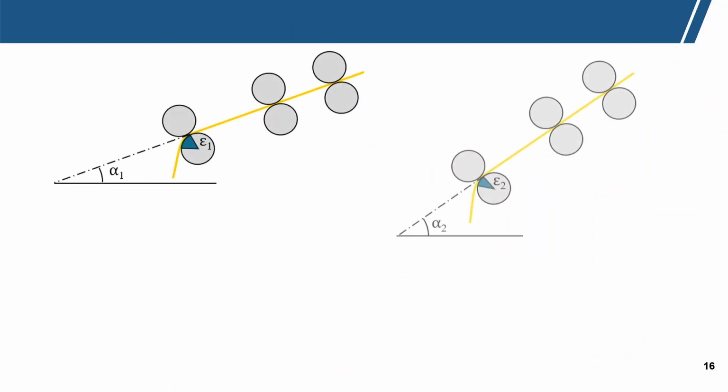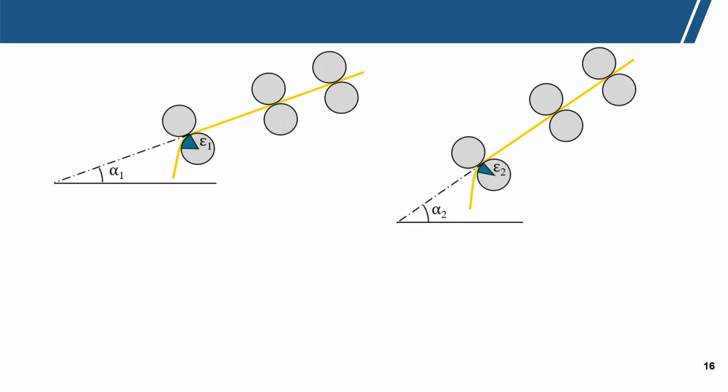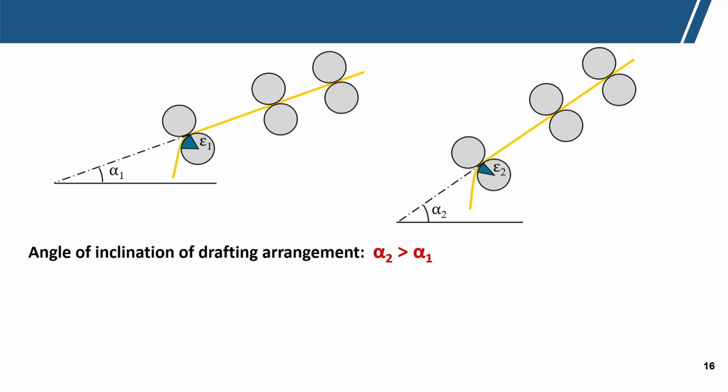Now, there are two angles of wrap, related to the angle of inclination of the drafting arrangement. So, this is alpha 1 and alpha 2, and if the angle of inclination is higher, then the angle of lap will be less. So, alpha 2 is more than alpha 1, in that case epsilon 1 will be more than epsilon 2.